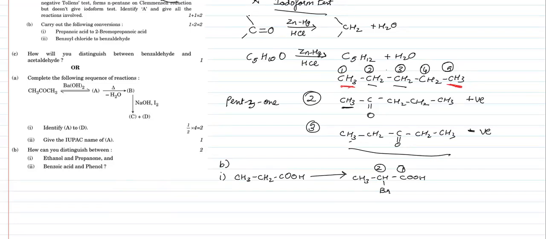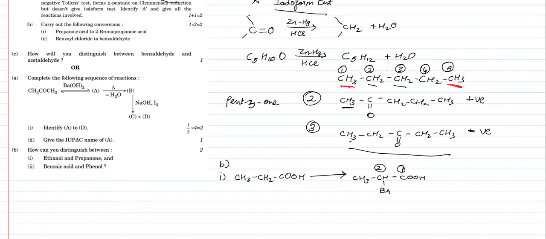So propanoic acid has to get converted to 2-bromopropanoic acid, and this is a halogenation reaction, which is a substitution reaction at the hydrocarbon part. And this is obviously from aldehydes, ketones, and carboxylic acids. And there's a named reaction that is the Hell-Volhard-Zelinsky reaction.